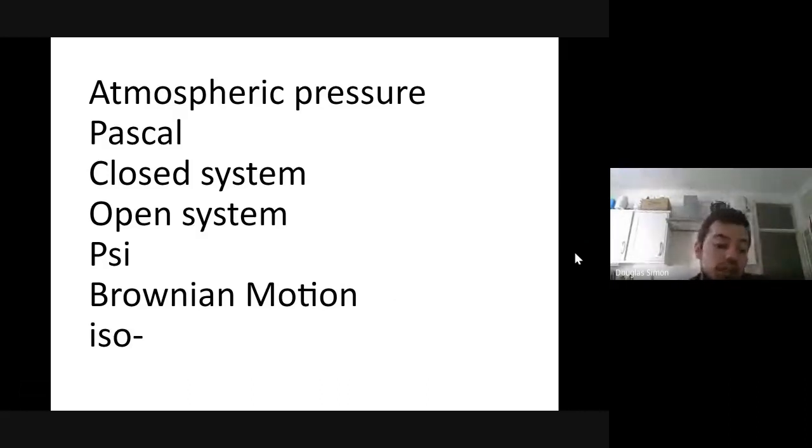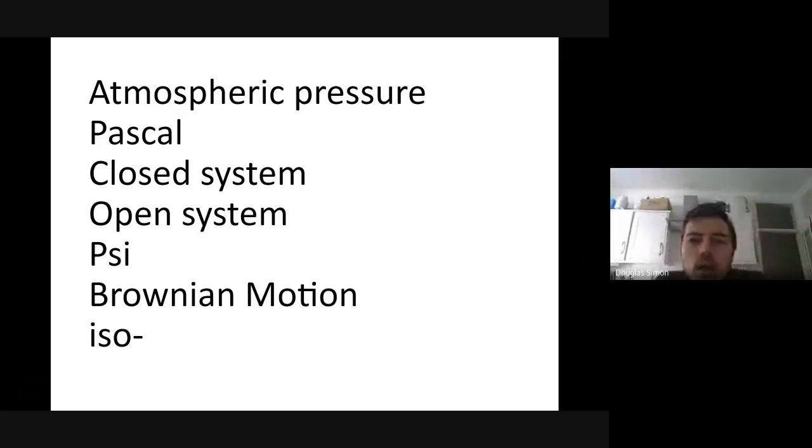Brownian motion is the erratic movement of particles suspended in a fluid. That means a liquid or a gas. And they obviously move randomly all over the place because they're constantly being bombarded by the particles in that fluid, by the gas or the liquid atoms or molecules.